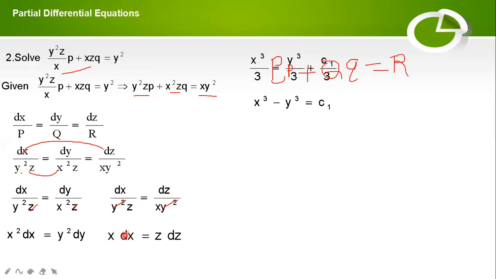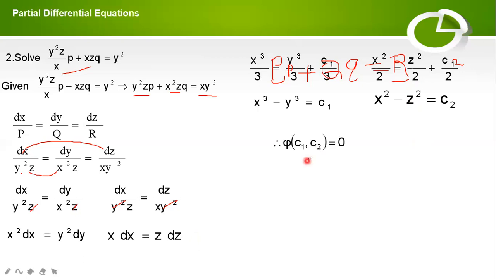Integral of x dx is x square by 2, equal to integral of z dz, that is z square by 2, plus c2. For our convenience write c2 by 2. Cancelling the 2 and moving terms, x square minus z square equal to c2.